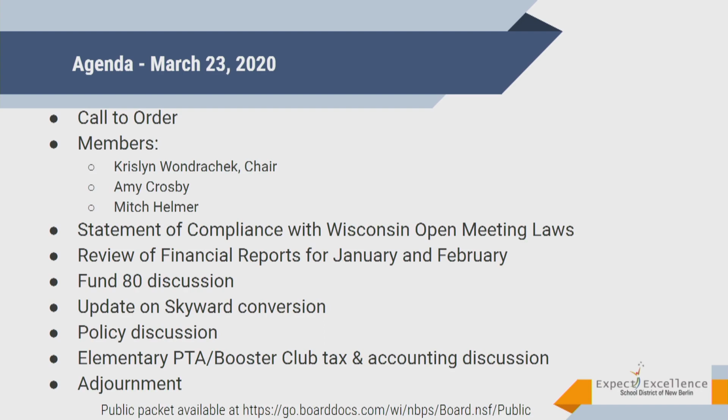But here's kind of the general gist of what goes into Fund 80. The guidance that we get from the Department of Public Instruction is that these funds support expenses intended for community education, training, recreational, cultural or athletic programs that are outside, and here's the key, outside of our regular curriculum or our extracurricular program for pupils.